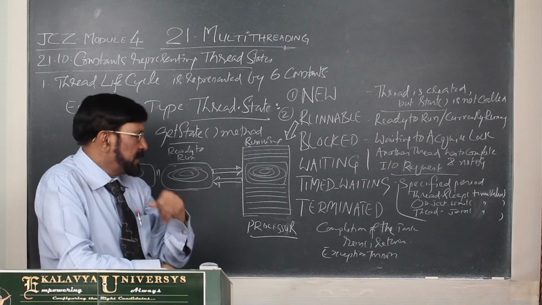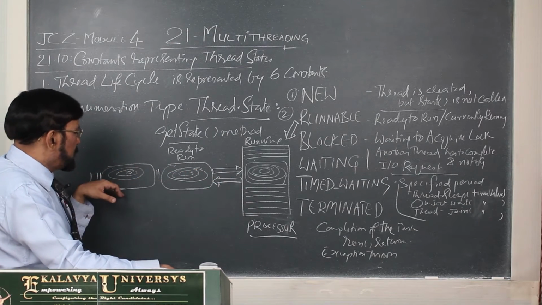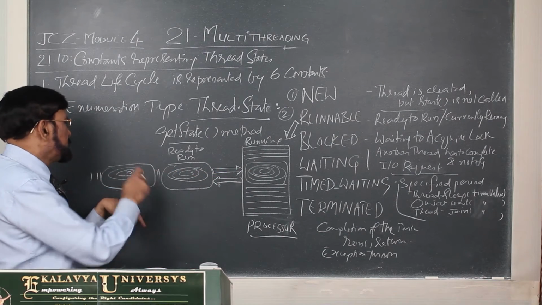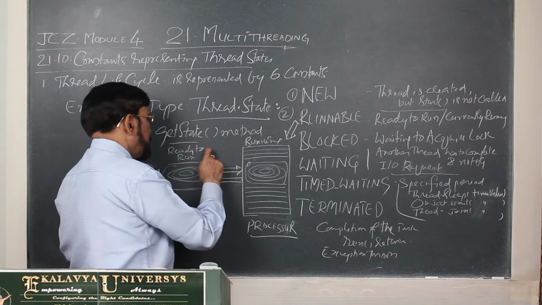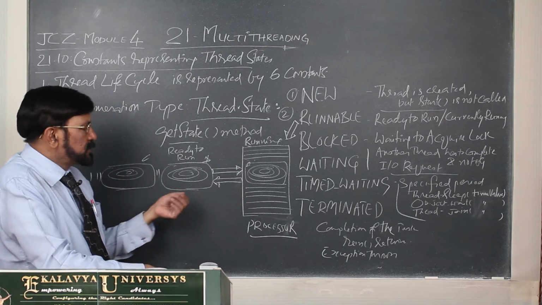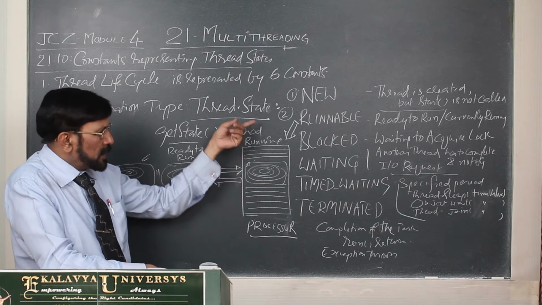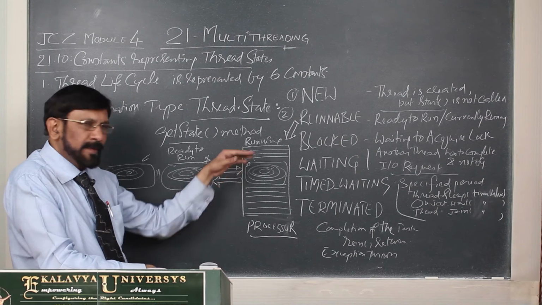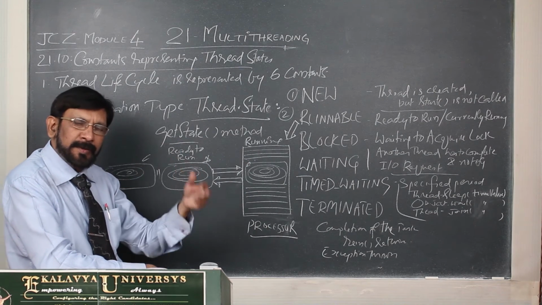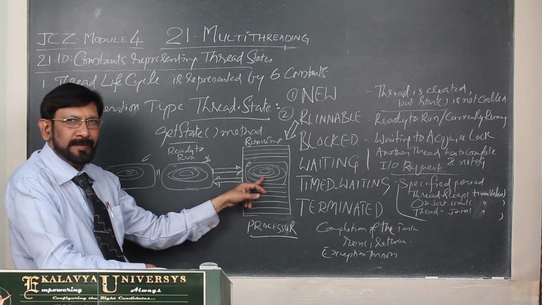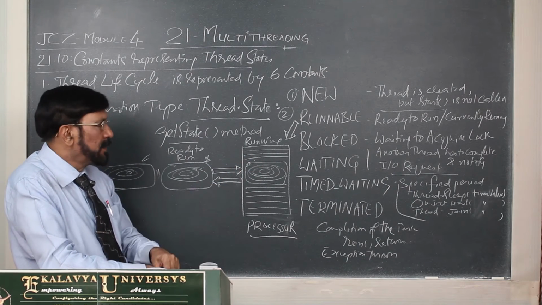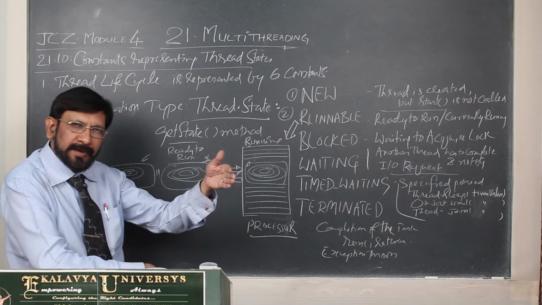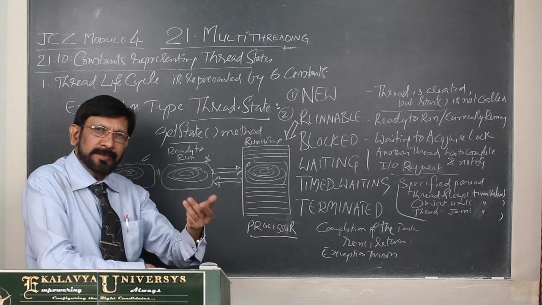Let us say three threads are there: thread A, thread B, thread C. Now thread A is currently being run, that means it got the processor time, it is utilizing processor time and performing its task.